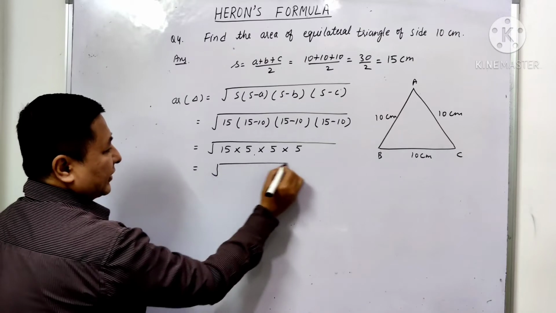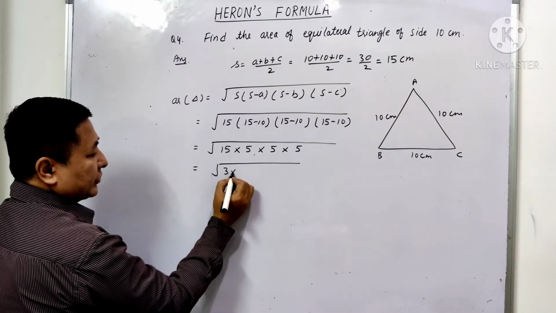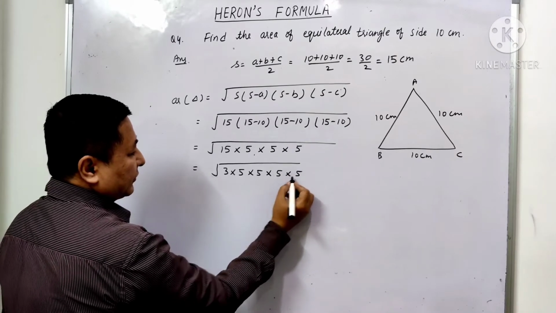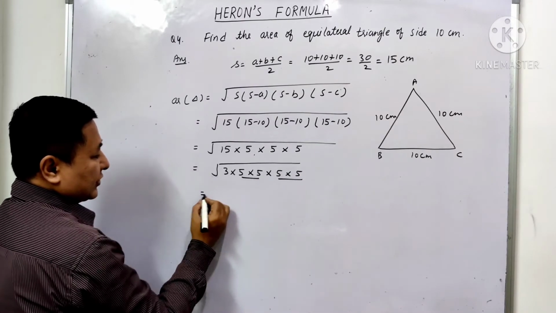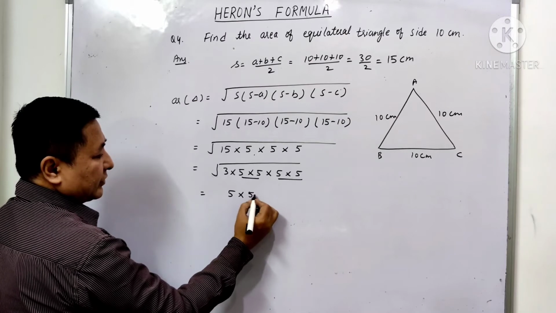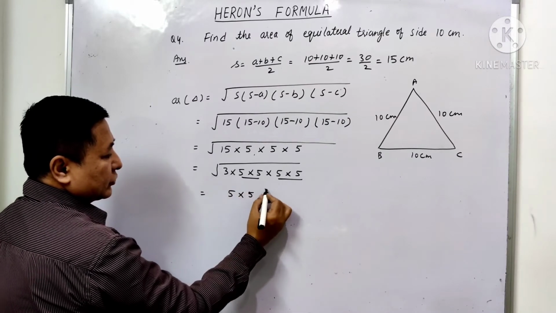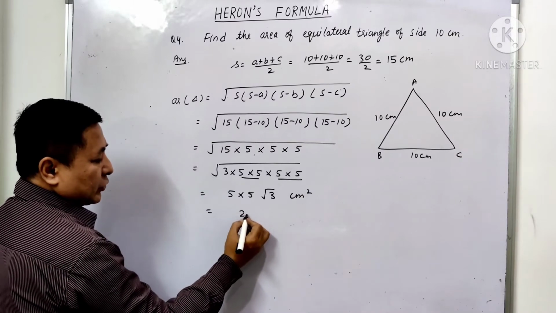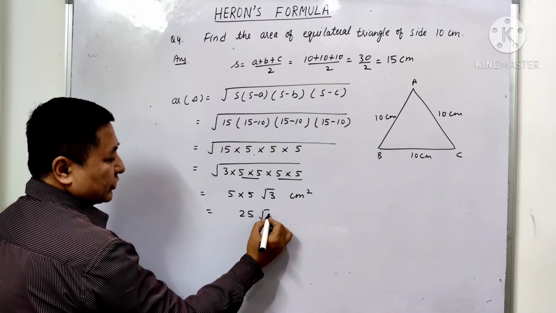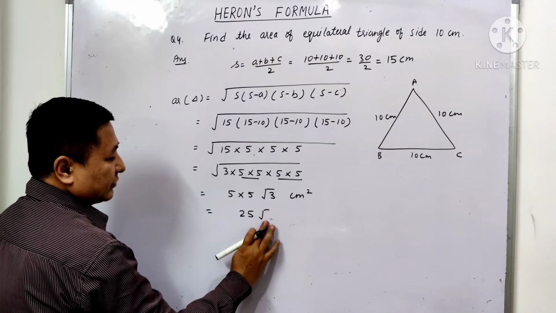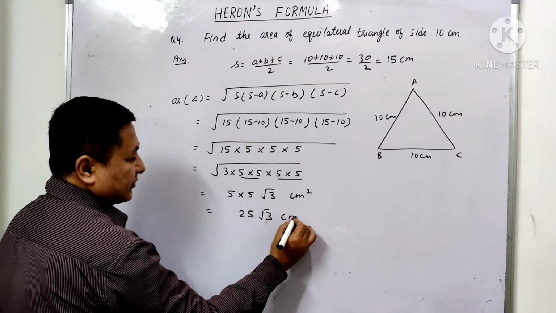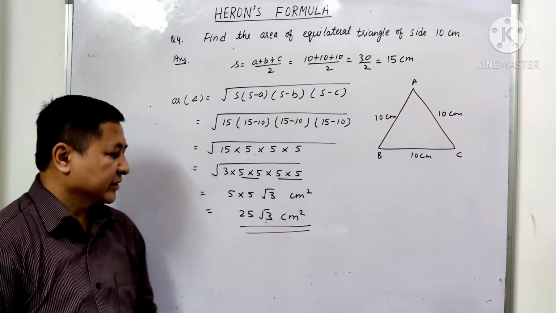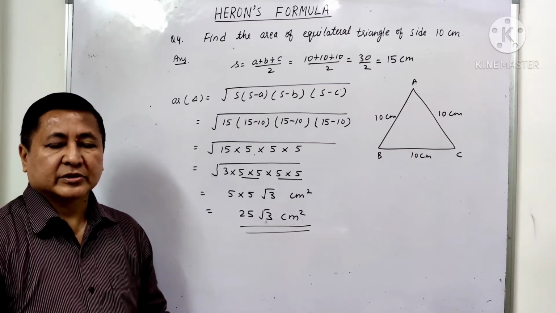So we make the factors of 15, and we get 3 into 5 into 5 into 5 into 5. This will make a pair, so this will come outside. So 5 into 5 and this root 3 will be left. So the answer will be 25 root 3 centimeter square. So the area of an equilateral triangle of side 10 centimeter is 25 root 3 centimeter square.